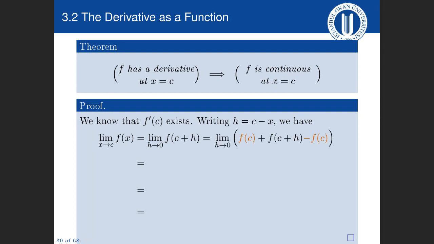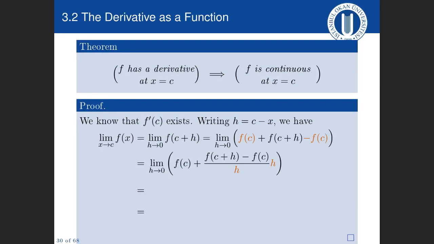Now I'm going to add something and then subtract the same thing: plus f of c and then minus f of c. And then I'm going to multiply and divide by the same thing. I'm going to multiply these two terms by h, and then divide them by h.